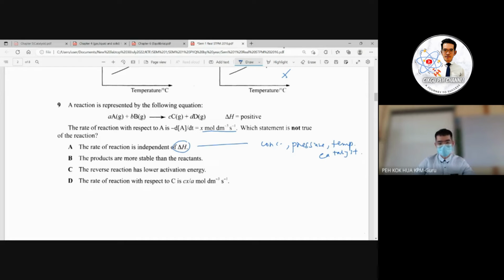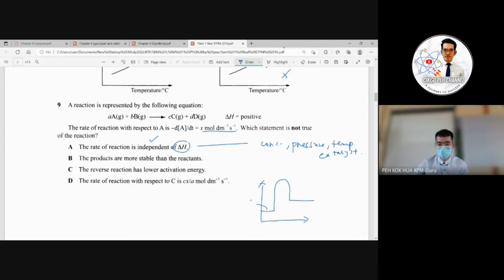Then B, the product is more stable than the reactants. Okay, so here, the first one is correct. So which one is wrong? The statement here, you can see this is a positive enthalpy. So if you draw the diagram here, it will be like this.